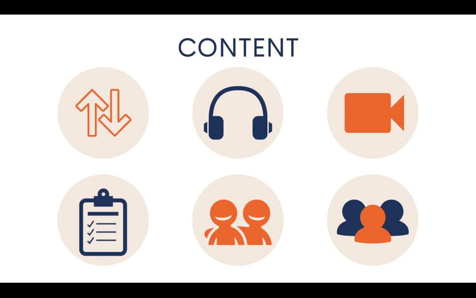Examples of differentiating content at the elementary level include the following: using reading materials at varying readability levels, providing audio versions of text materials, providing video versions of text materials, using spelling or vocabulary lists at readiness levels of students, using reading buddies, and meeting with small groups to reteach an idea or skill for struggling learners or to extend the thinking skills of advanced learners. Doesn't this all sound like the perfect use of station rotations?